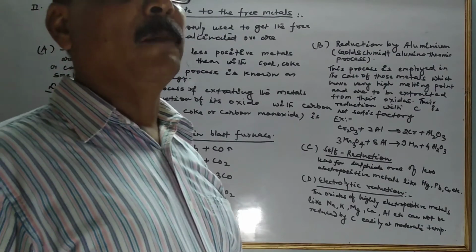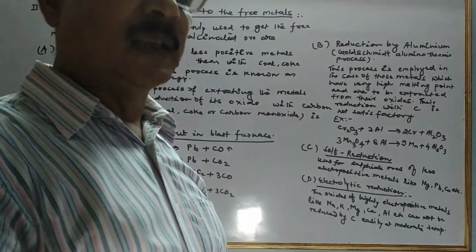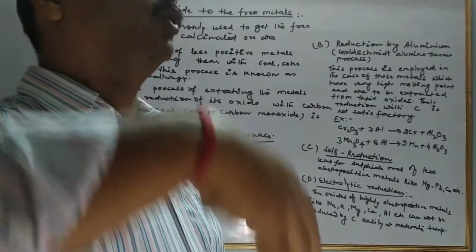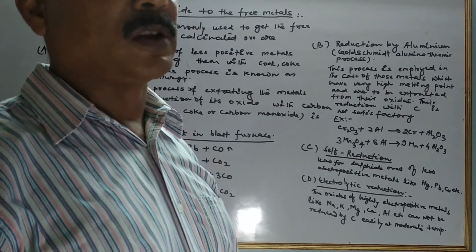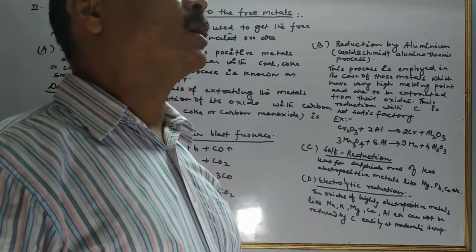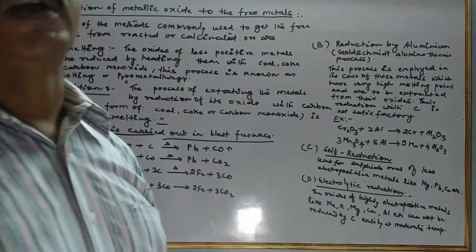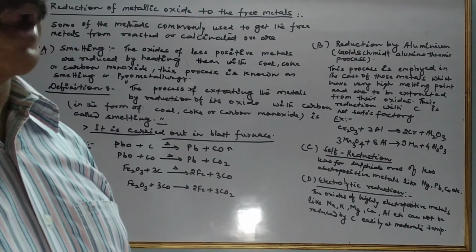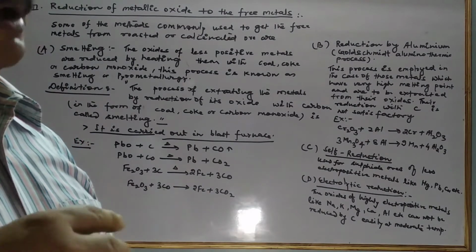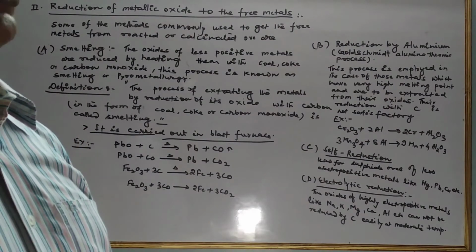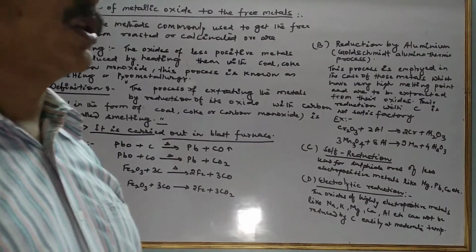What happens? The non-metal present as an impurity gets converted into its corresponding oxides and disappears into the surroundings. Moisture is expelled out. Carbonates get converted into carbon dioxide, and the metal carbonate gets converted into the oxide, evolving carbon dioxide.